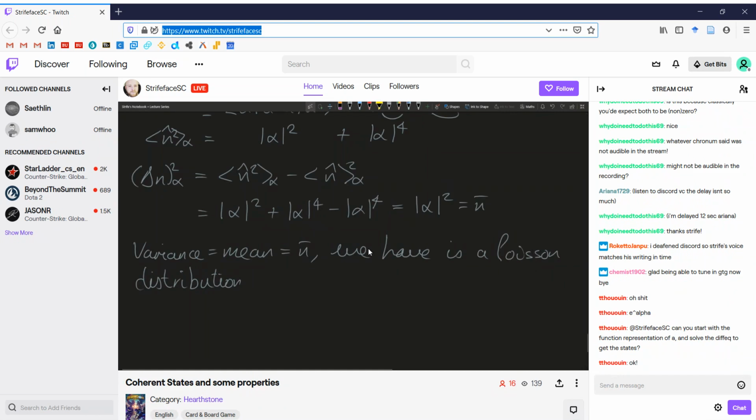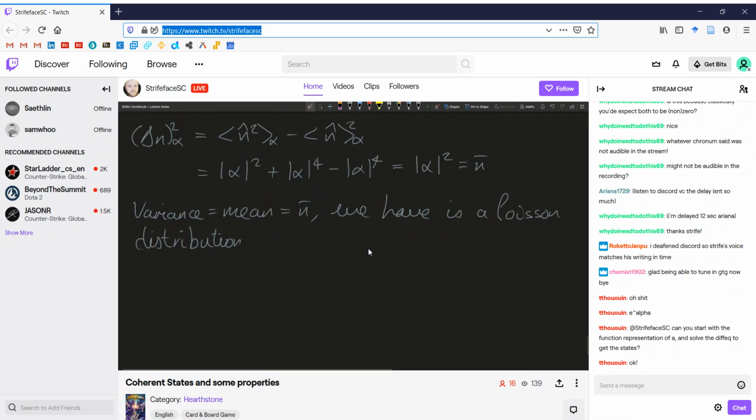Anyways, this means we have a Poisson distribution. Now, I've read some papers about photon statistics, and they're all done using Poissonian statistics. The fact that it's a Poisson distribution has a lot of good properties. You get really strange stuff like sub-Poissonian and super-Poissonian.